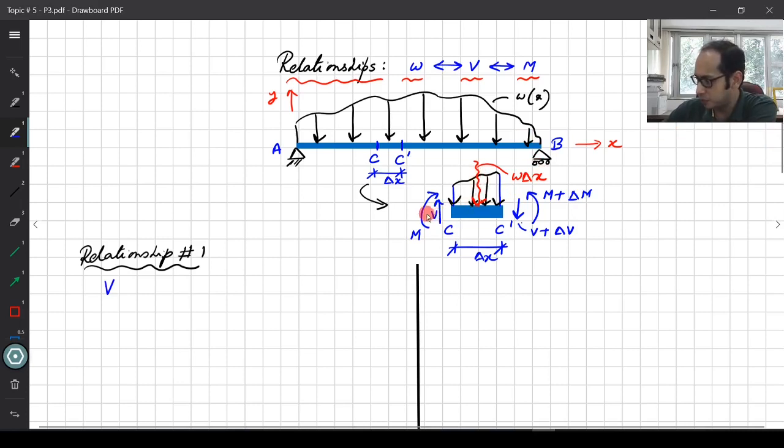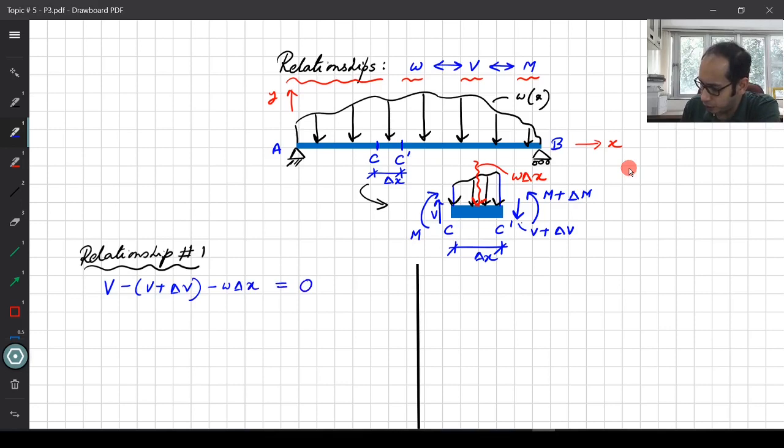So we have V over here, and then the other force V plus delta V, and this is the last force that you have. So we have V minus (V plus delta V) minus w delta x equals 0, right? So what do we get from here?